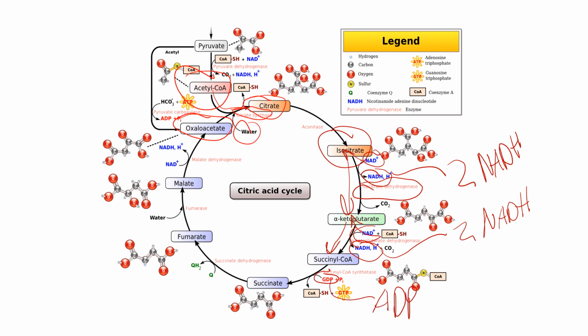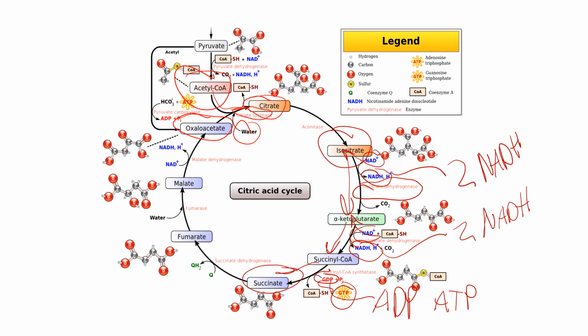And that phosphate is taken from succinyl-CoA to form GTP, a lot like ATP. We've added a 3rd phosphate to GDP to make GTP. That is the way that succinyl-CoA is largely converted into succinate.